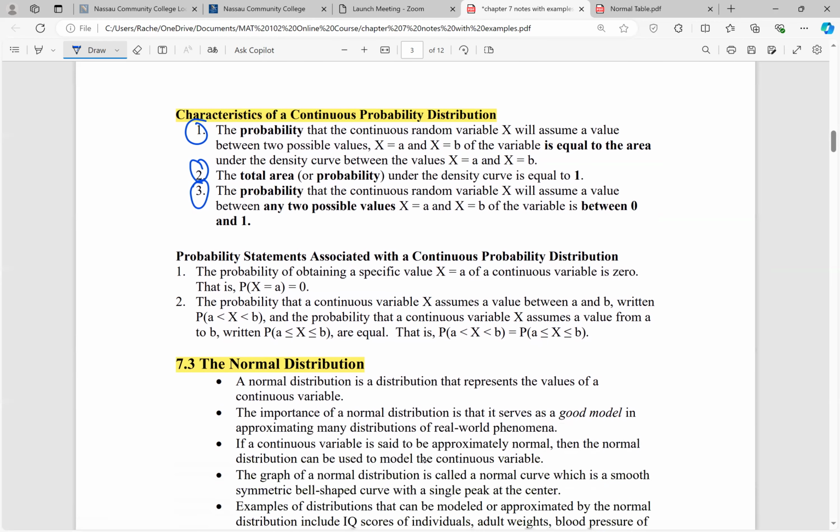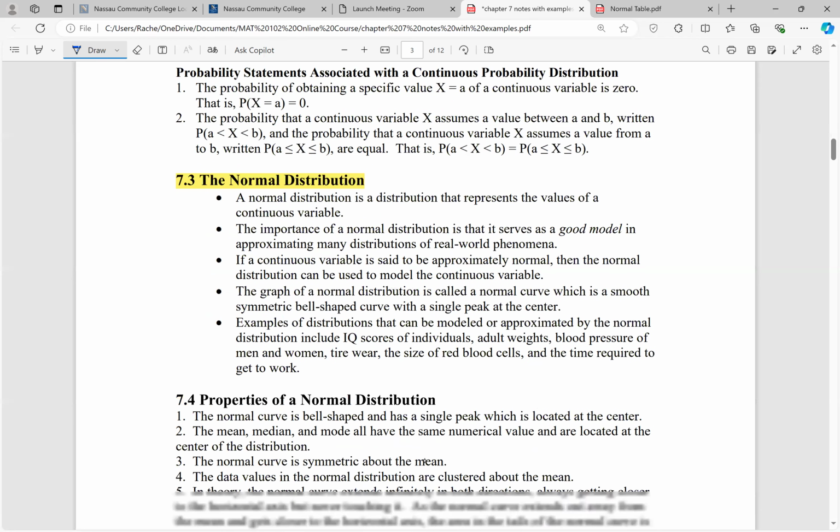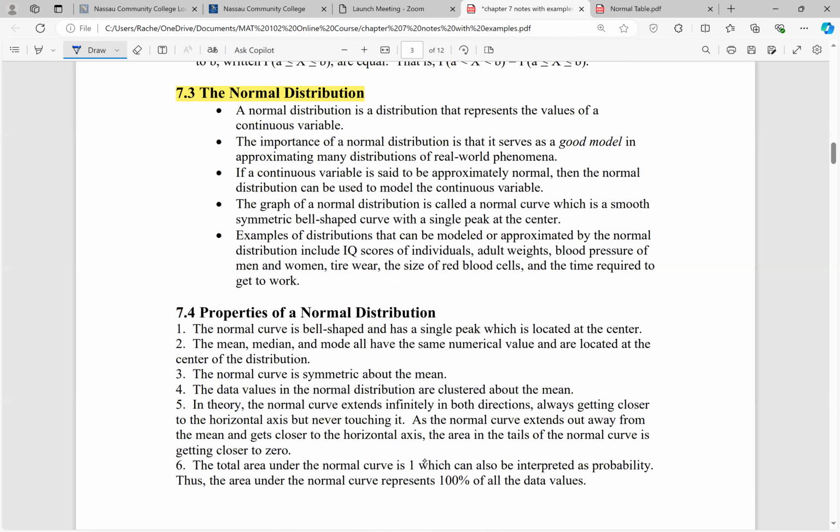So let's get into the characteristics of the normal distribution. We already said that a normal distribution represents the values of a continuous variable. The importance of a normal distribution is that it serves as a good model in approximating many distributions of real-world phenomena.